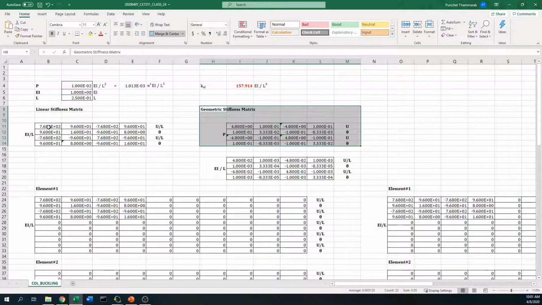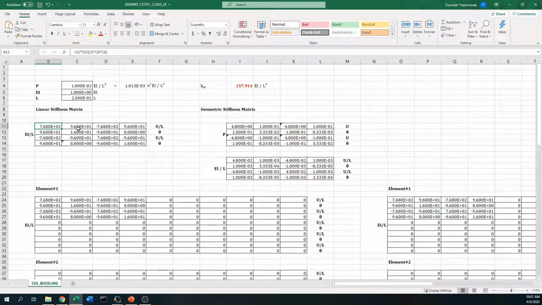The linear stiffness is 12 EI, 6 EI, 6, 4, all of which you know very well. I multiply by L on the equilibrium of the force, then you have EI over L square, EI over L, EI over L square, EI over L, and then I take 1 over L out to the U, so we have U over L, U over L.